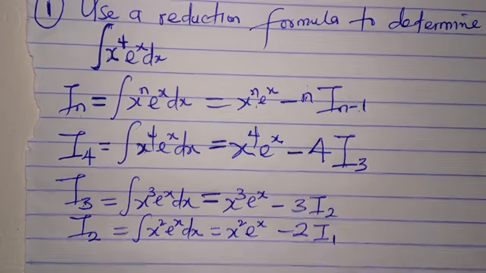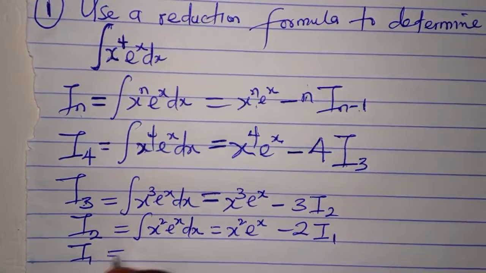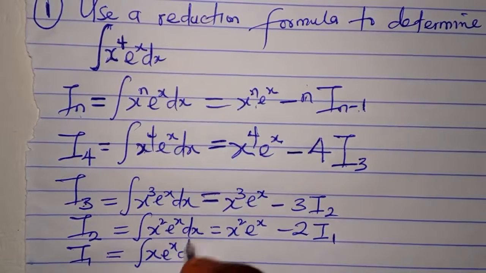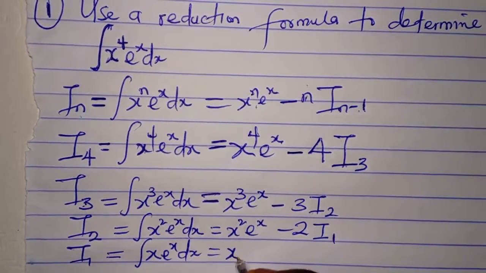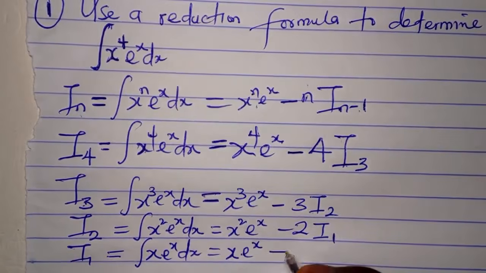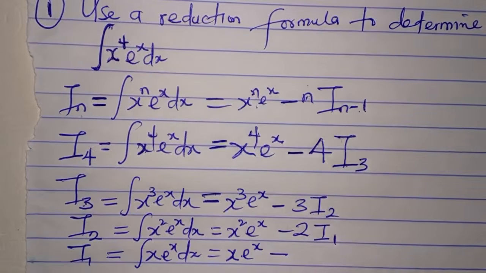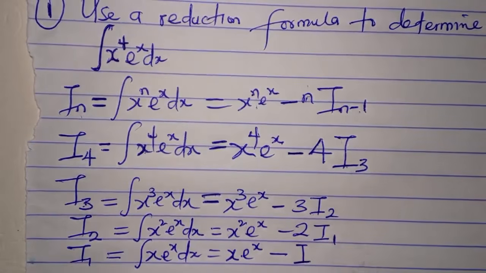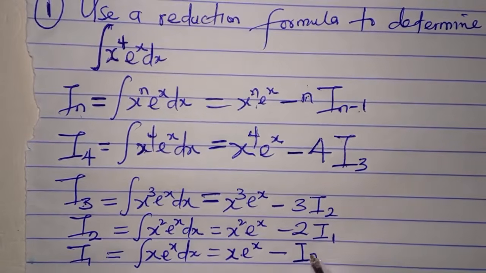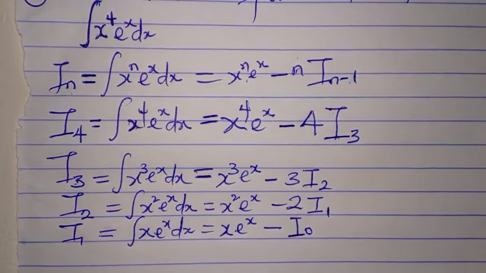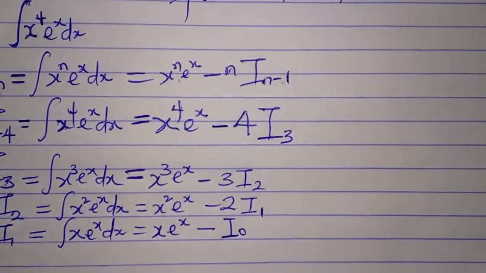What is I1? I1 is the integral of x to the power of 1, and that will be x e to the x minus 1. You know, n is 1 now. So 1 times everything there is still what we have here. 1 minus 1 is 0. So we can easily determine I naught. It's simple.